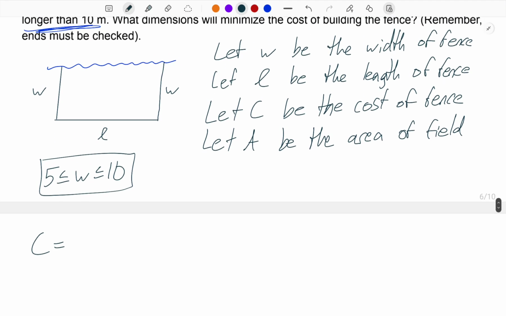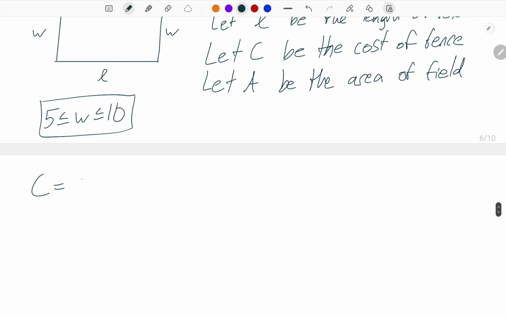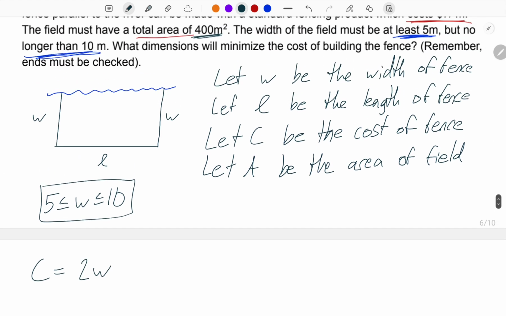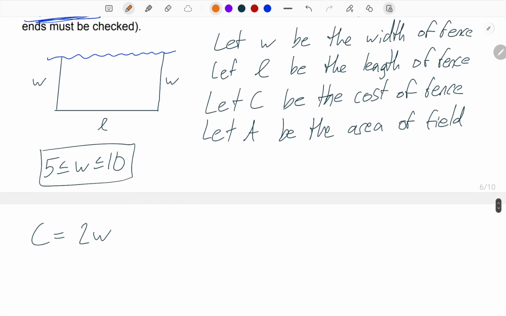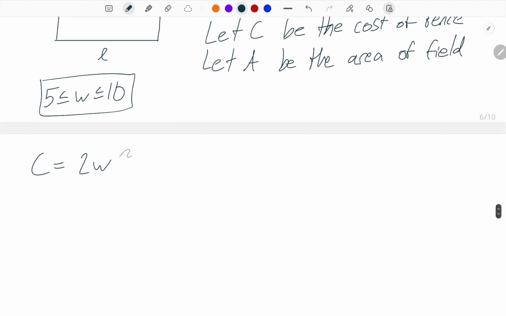So we have two widths, so I'm going to have 2 times W. How much does the width cost? Well, let's go up here. The width, that's the part perpendicular to the river, is going to cost $9 per meter. So all I'm going to do is multiply that total amount of width in our diagram by 9.